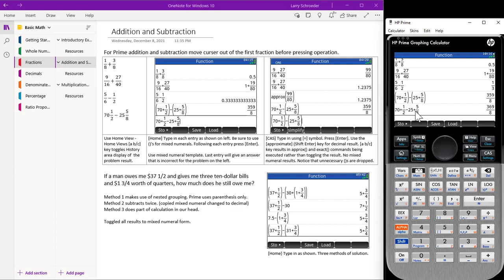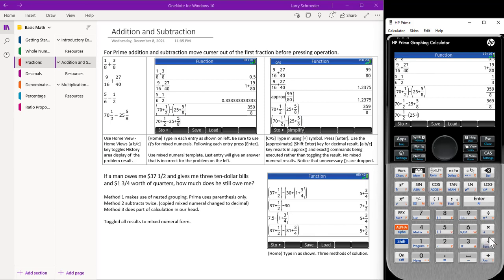parentheses around this part. So let's move it down. So we'll hit it, then we'll copy it. We need to have the second part with parentheses, so we'll backspace. Put in parentheses, put in 25, put an add sign.